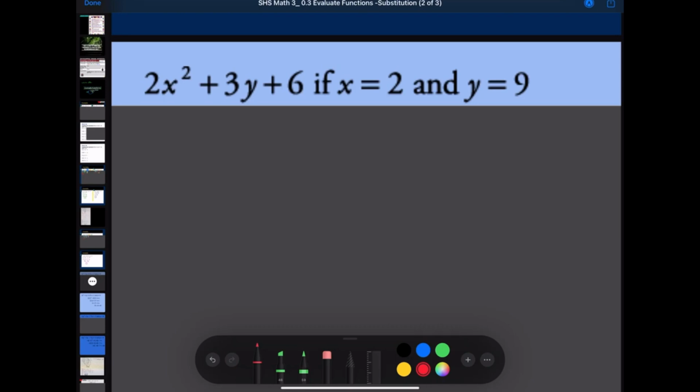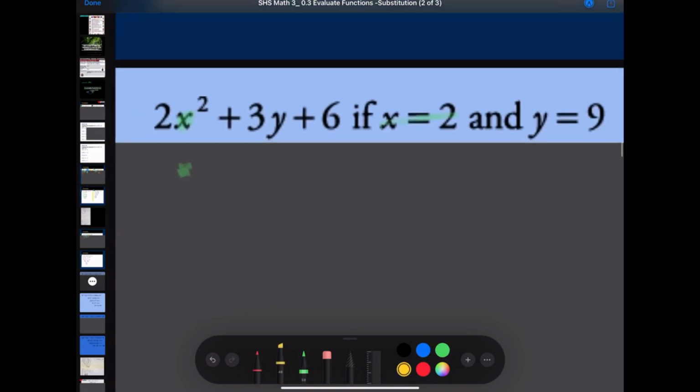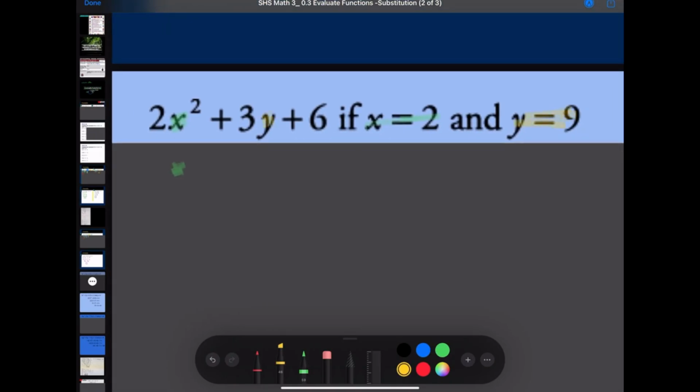All right, every x value is going to be 2. And every y value is going to be 9. And then we're just copying down the same problem. Instead of x, we're going to write a 2. And instead of writing y, we're going to write 9.